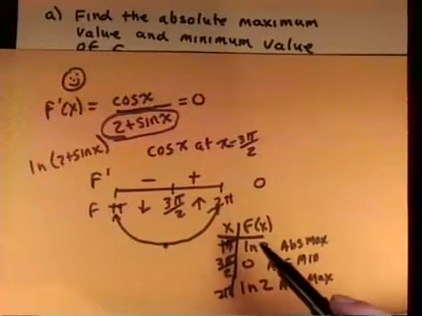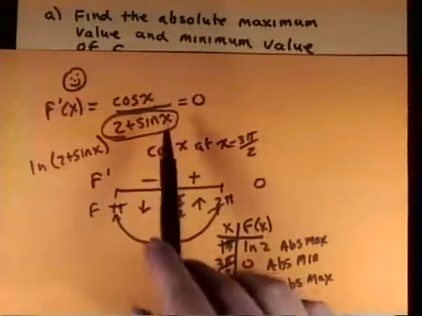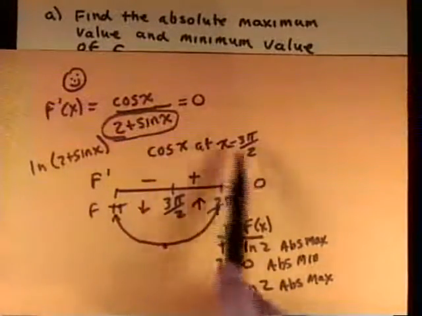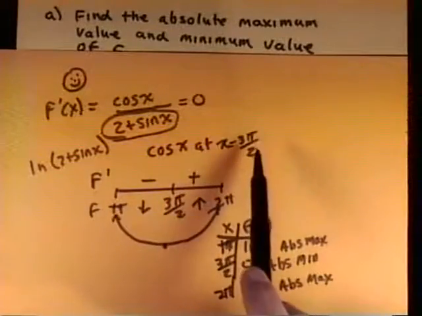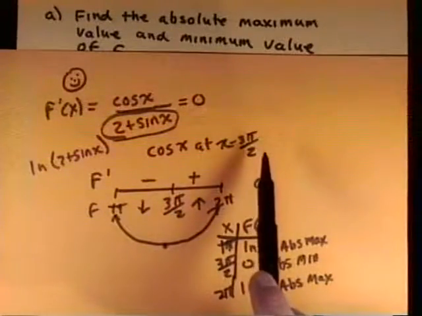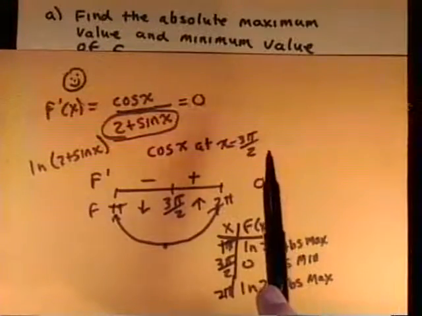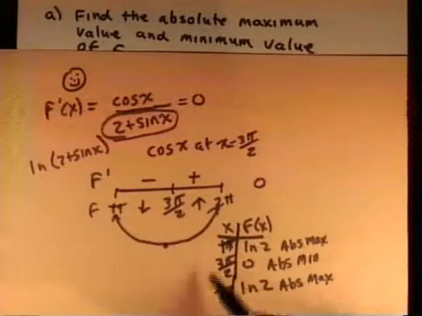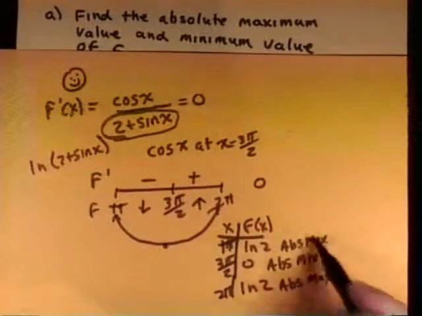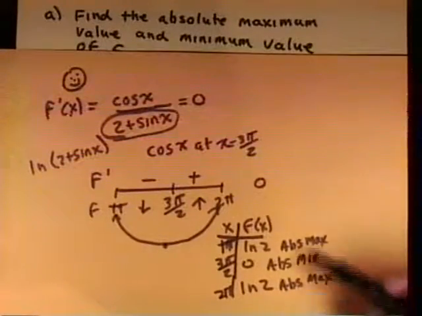To get the points on this, first you have to find the derivative, and then you have to find the critical point. This would be worth 1 point. 3 pi over 2 is worth another point. Then you could do one of two things. You could show this closed interval test and just write down this, and it'd be full credit.